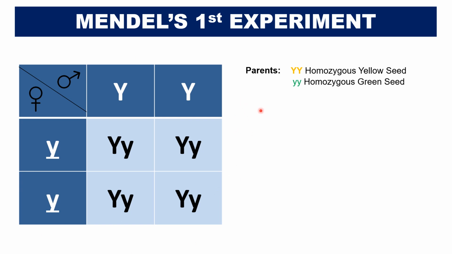So to get it started, individually, we place the alleles on each box. So we have the big letter Y here and another big Y here and small y's on the side. This represents, assuming that this one is the set of alleles for the mother and this one is the set of alleles for the father.